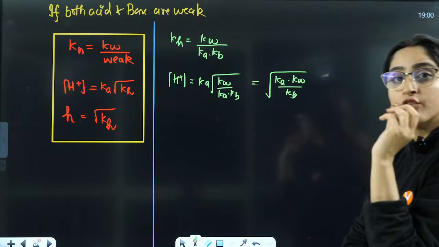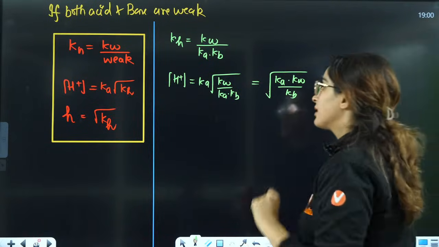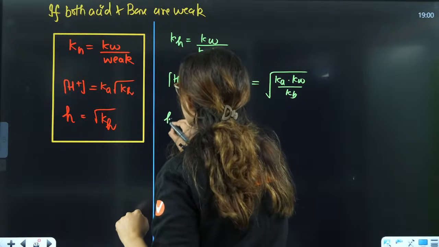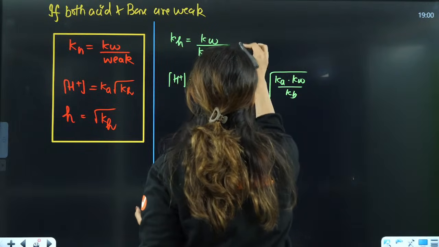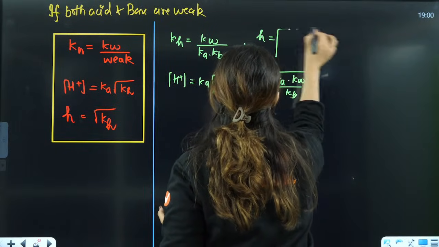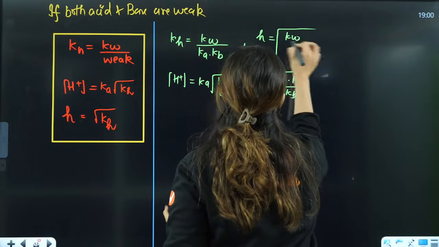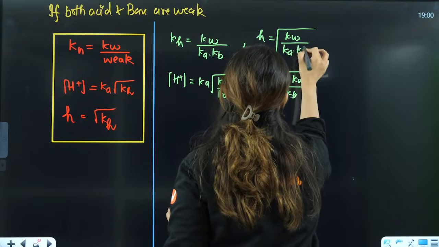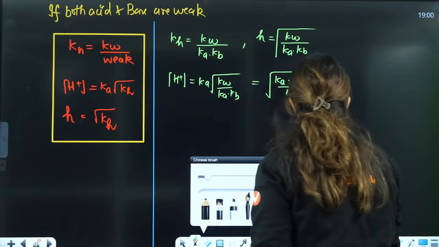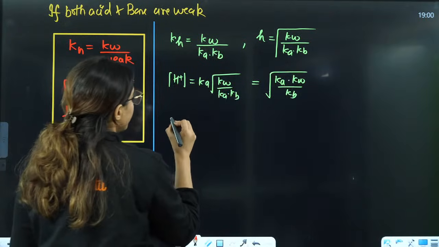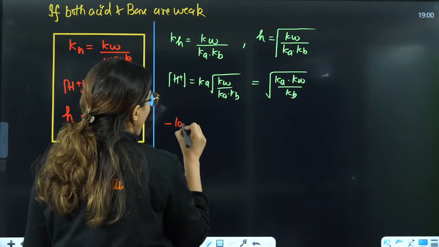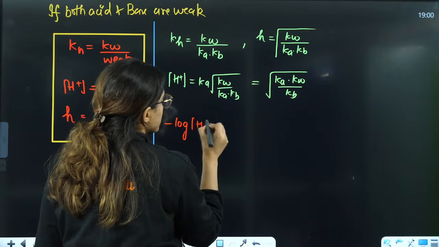Here chances of mistakes are going to be less, right? So we know that H is equal to under root of Kh, that is Kw by Ka into Kb. Now when you solve this, it will become minus log of H positive.